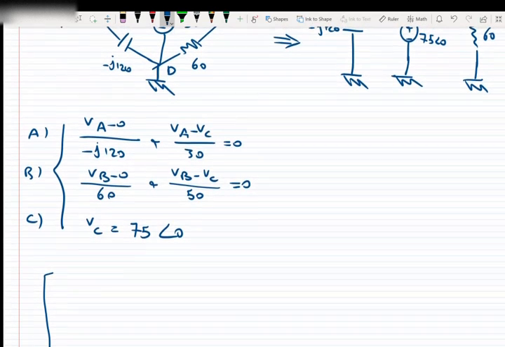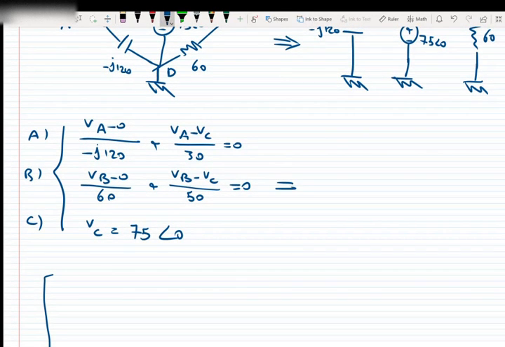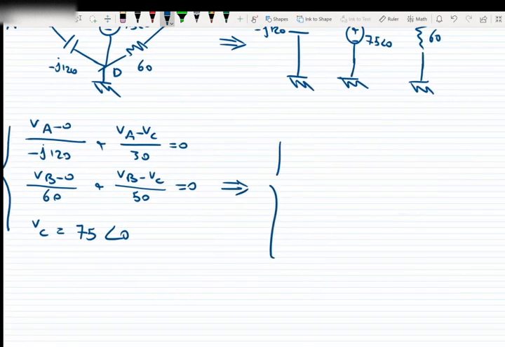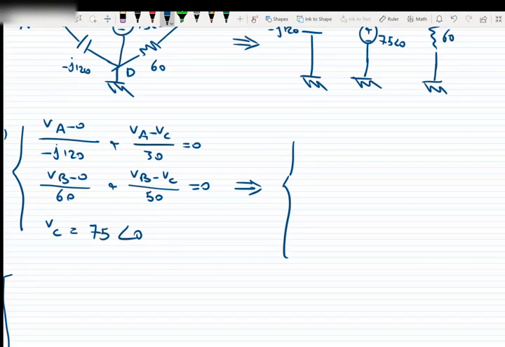First, let's rearrange these equations and factor out the node voltages.